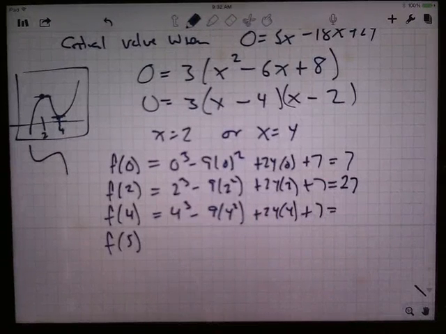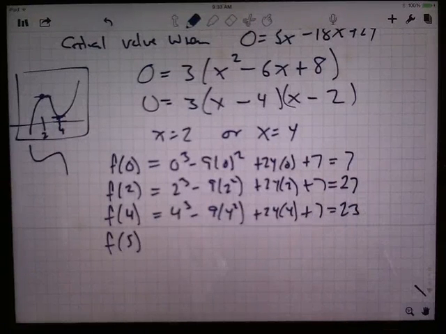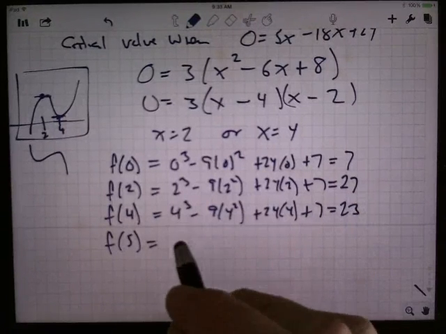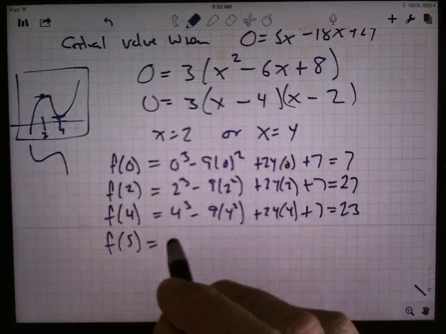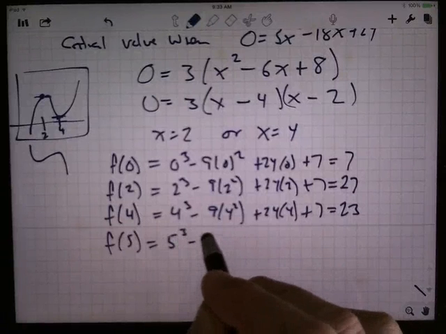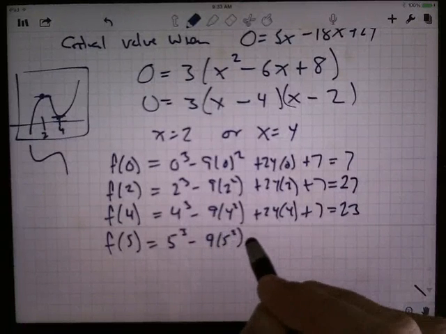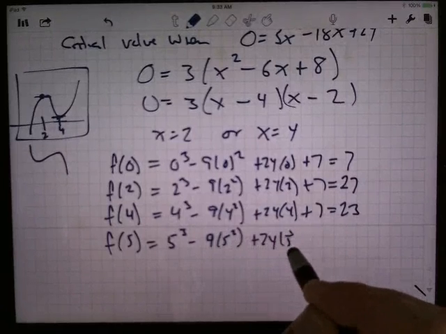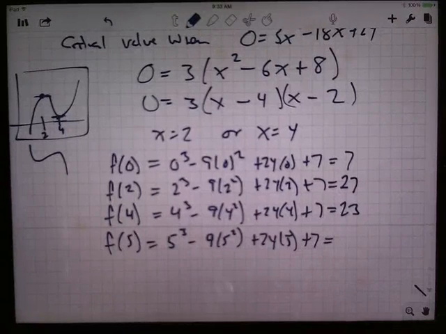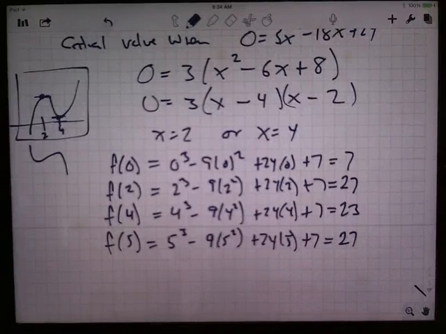And that's equal to 23. And lastly, I've got 5 cubed minus 9 times 5 squared plus 24 times 5 plus 7, which is equal to 27.